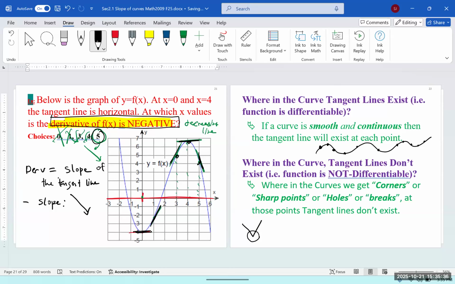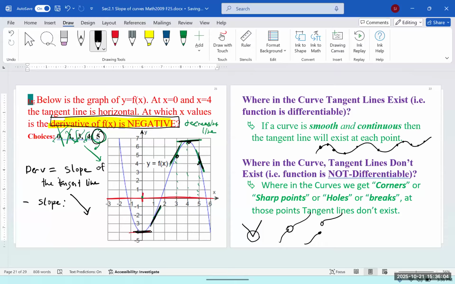Or if you have a hole, let's say you're going somewhere and then suddenly you have a hole in your graph. This hole cannot have a derivative. Or breaks. Let's say you're going along here and then suddenly you jump. When you jump, you have a break. At the break, it cannot have a derivative.